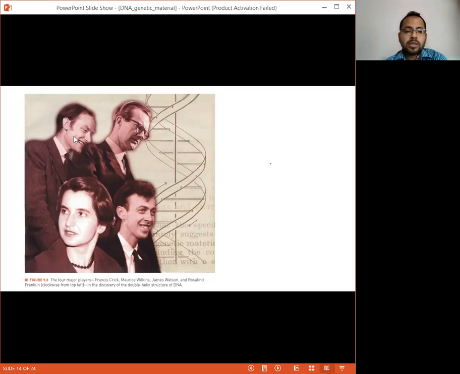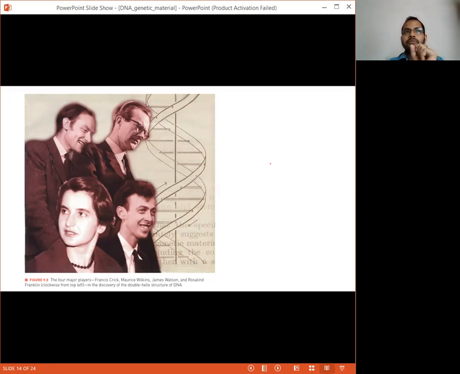You may have heard that when Watson and Crick were trying to solve the problem of how the DNA strand forms this duplex, they had not succeeded in giving the exact result of why this was happening.